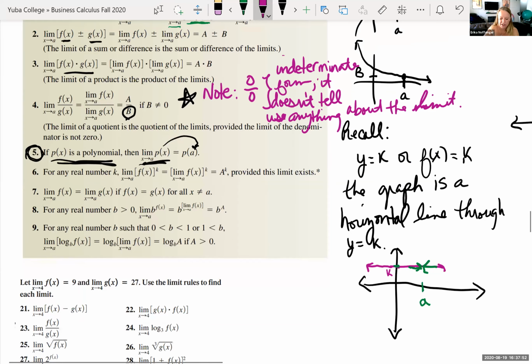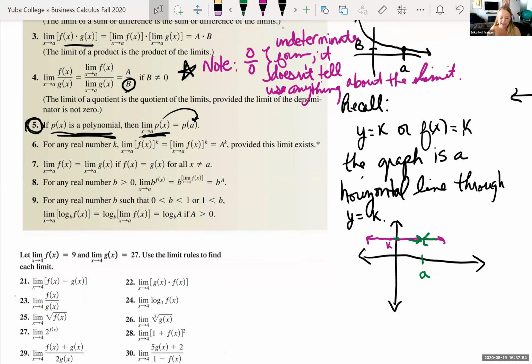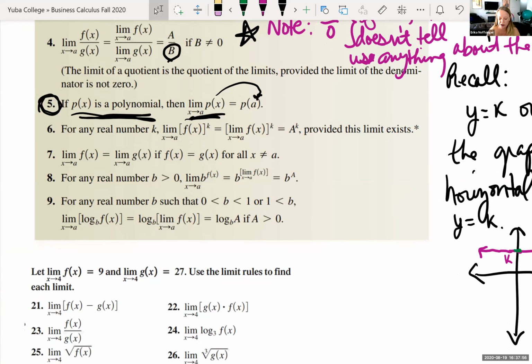Let's just quickly go through these. For any number k, the limit as x approaches a of f of x raised to the k power is equal to, instead, we could take the limit and then raise whatever that limit was to that exponent.